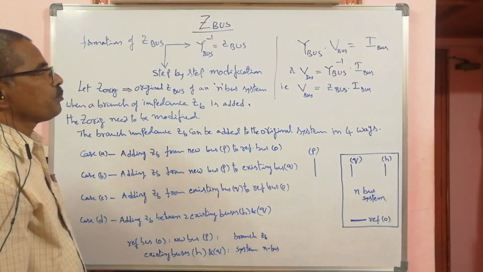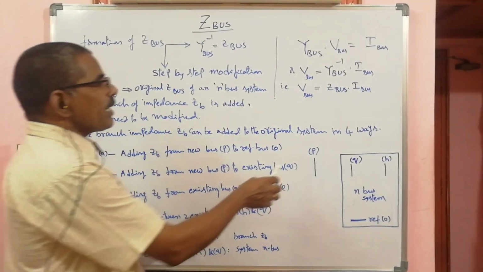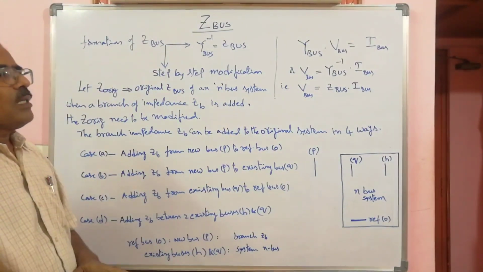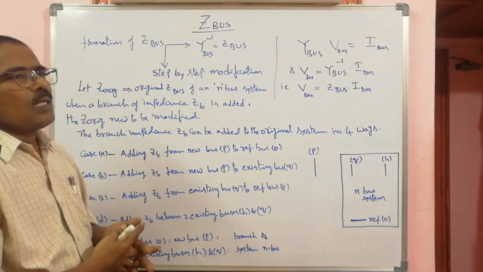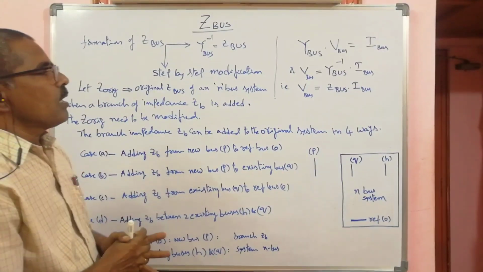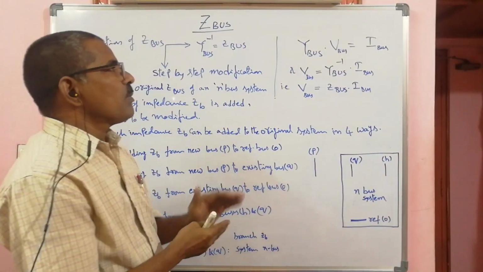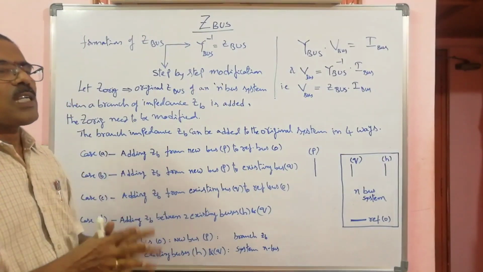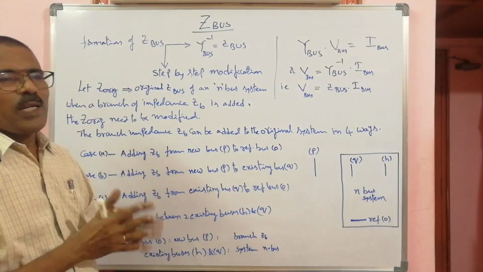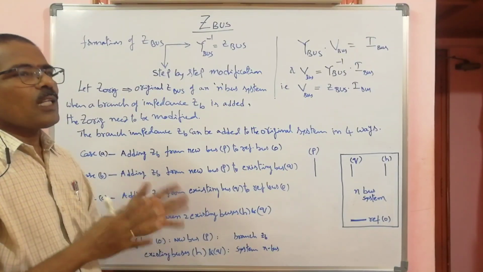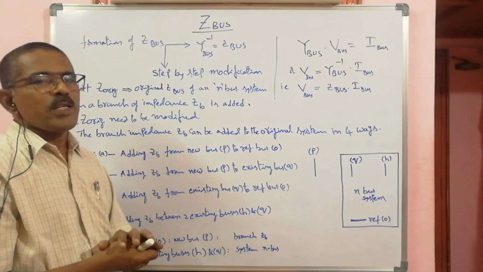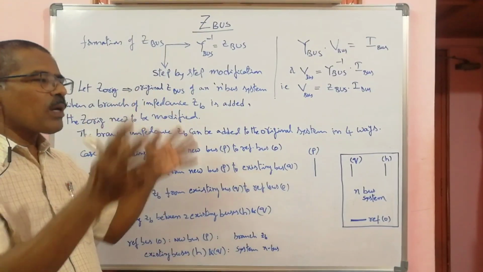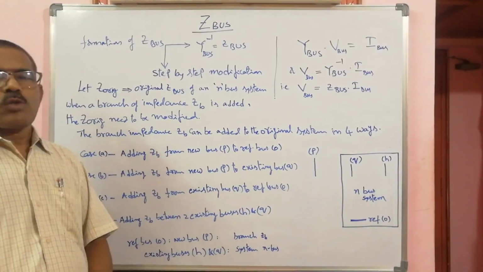Now, how to get this Z bus? How to construct it? Direct Z bus, you cannot form like Y bus. That is why Y bus is very easy to construct. Z bus is complicated. And also the other properties, like sparsity, I mentioned. What is sparsity? Sparsity is having a large number of zero elements.